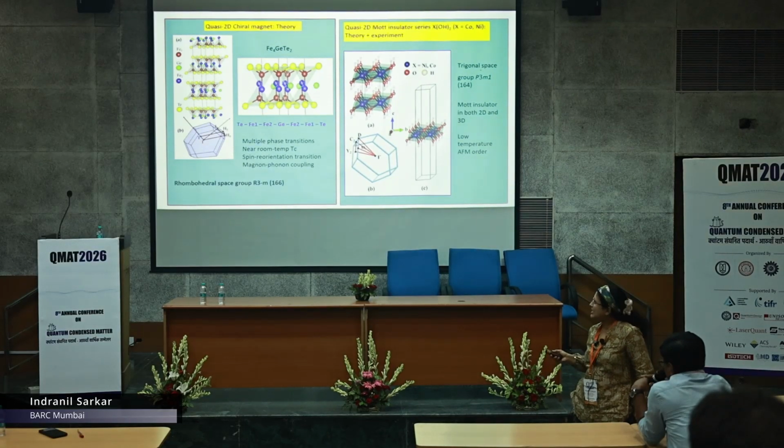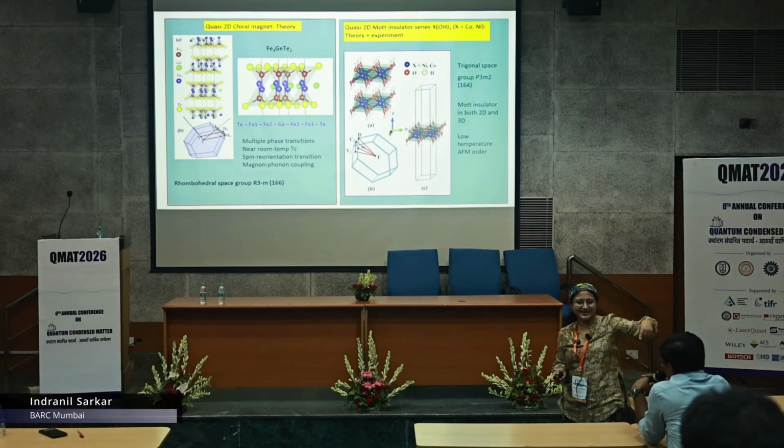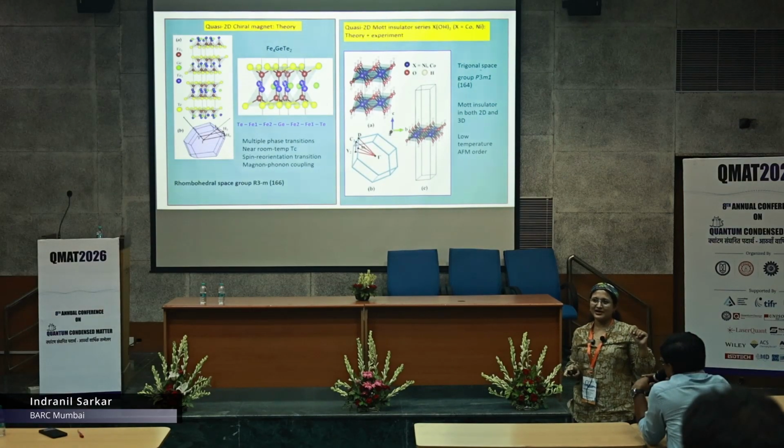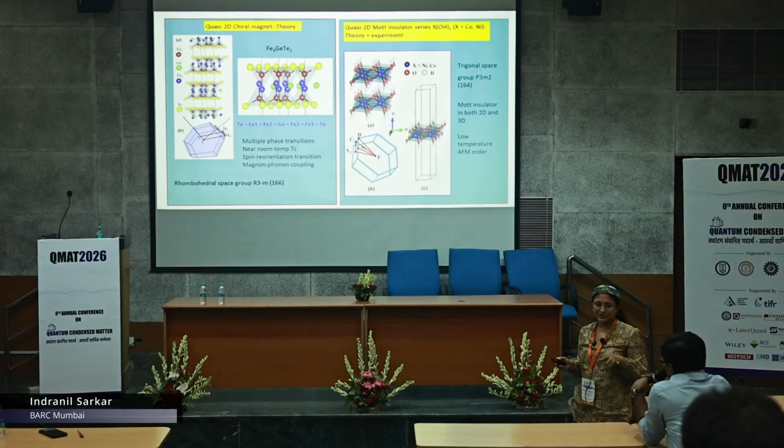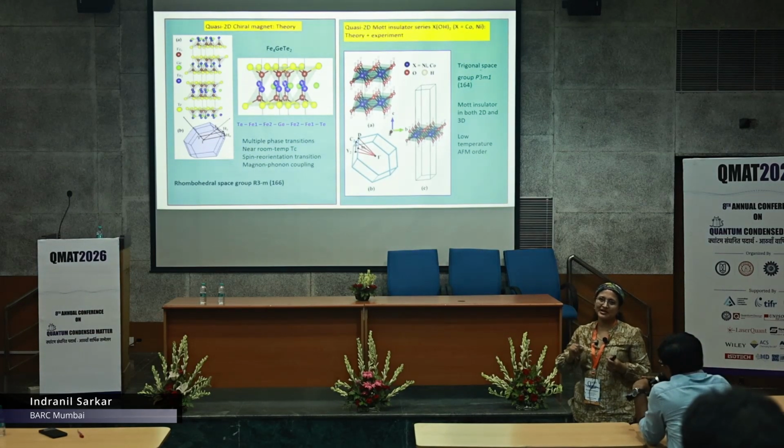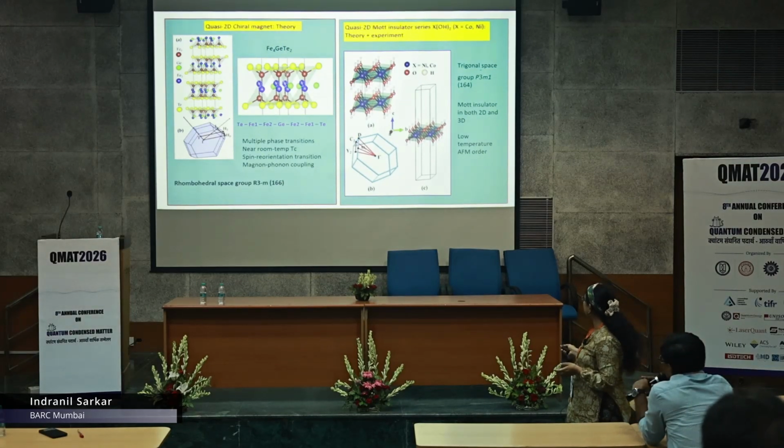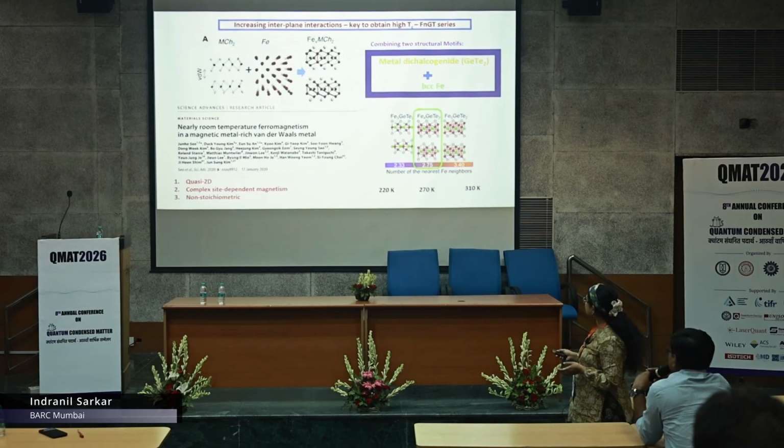So when you look at this, definitely quasi 2D behavior is there. Also these exchanges are very complex here. These are not the regular ferromagnetic exchanges, not a very good out-of-plane collinear ferromagnet, as I have shown earlier.